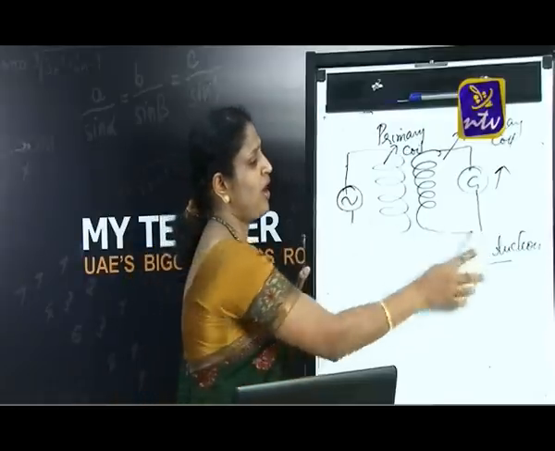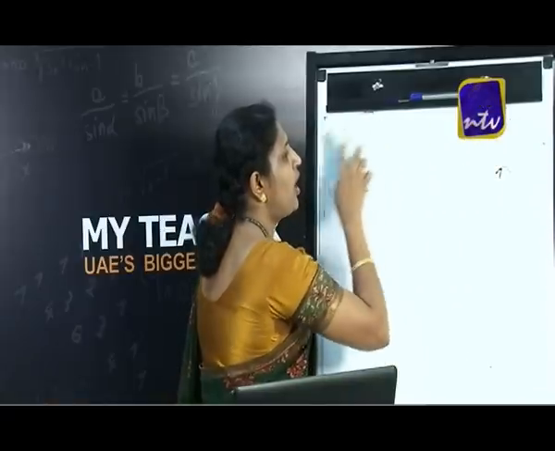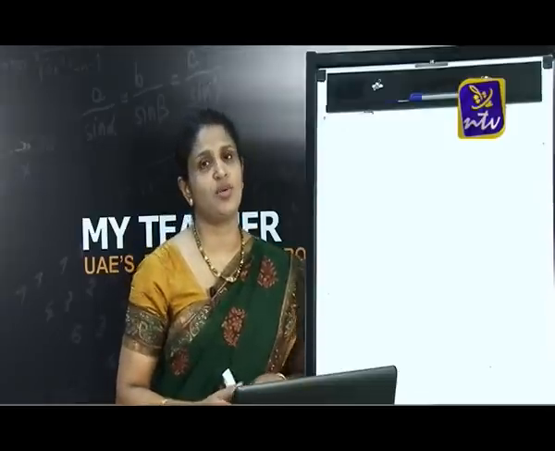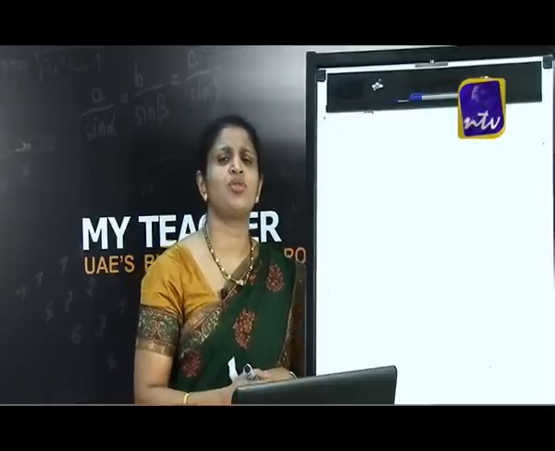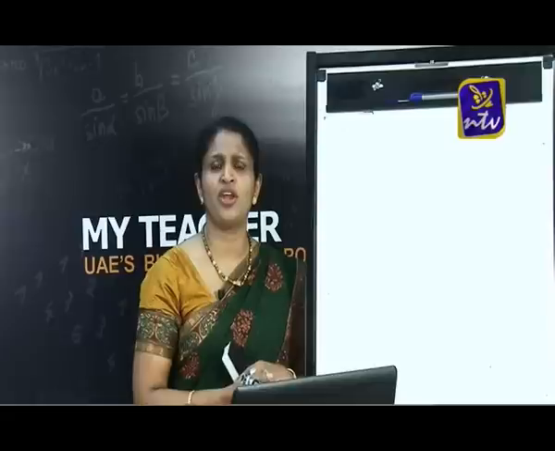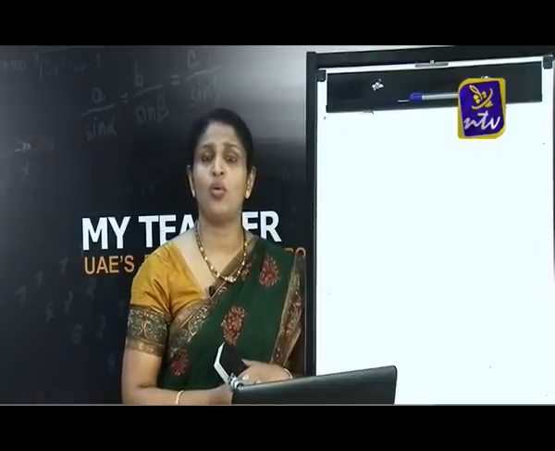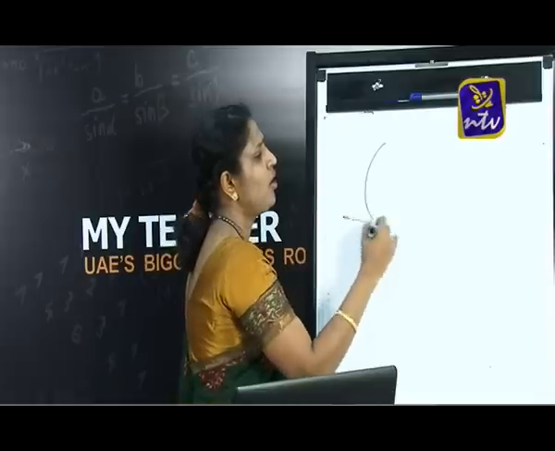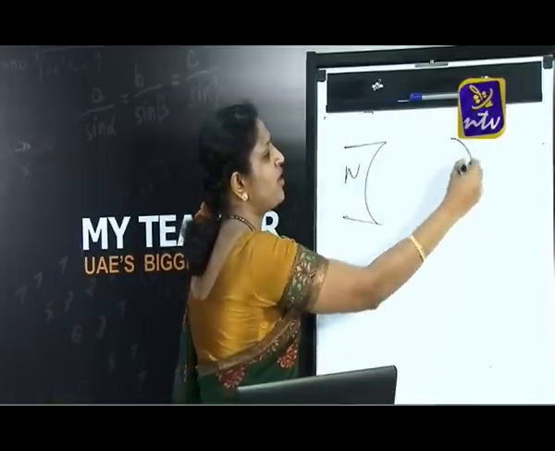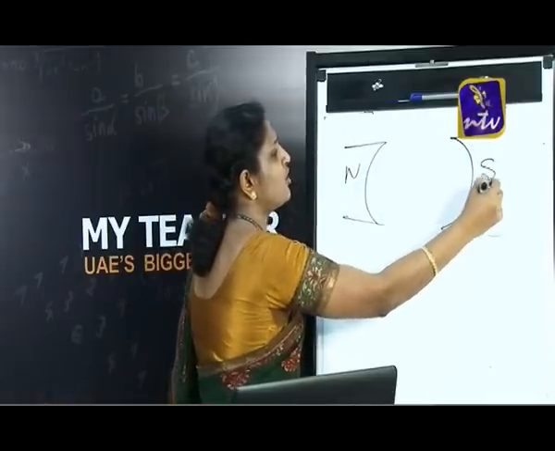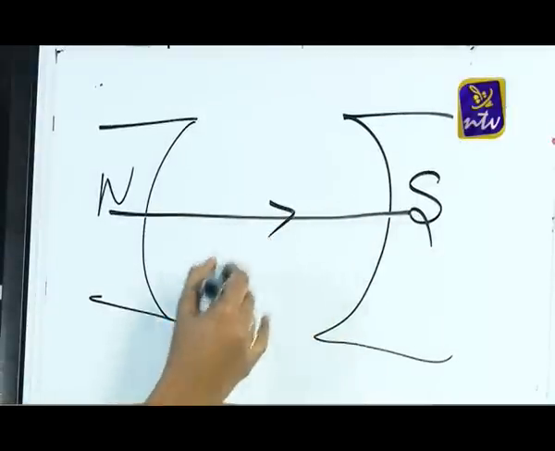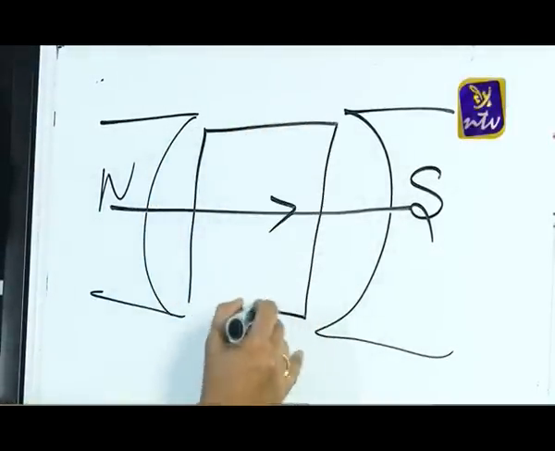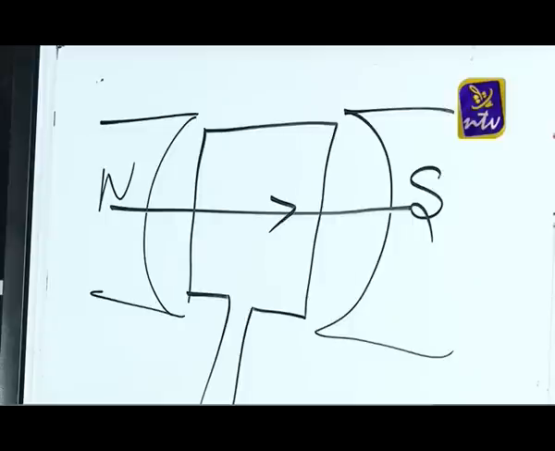Now, you have seen the examples of how you can induce EMF by changing the magnetic field as well as the area. Now we are coming to the case of how we can induce EMF by changing the orientation of the coil. You can see clearly in the figure the magnetic poles north and south, and the field is always directed from north to south. Let us keep a rectangular coil between the pole pieces of that magnet.